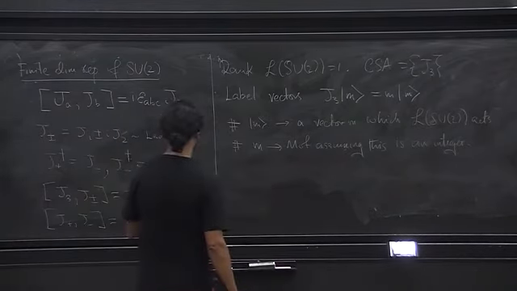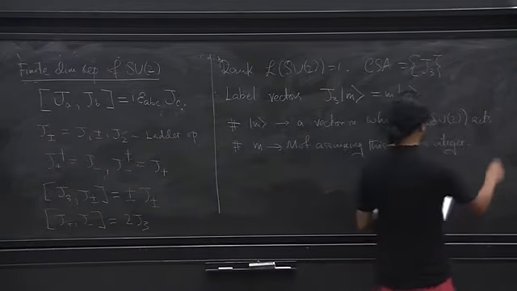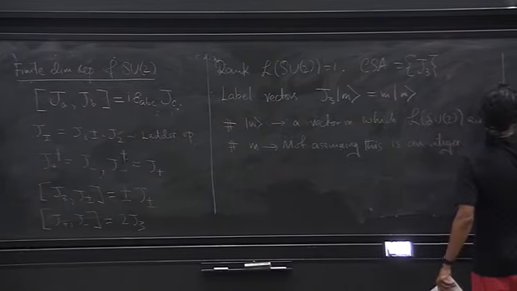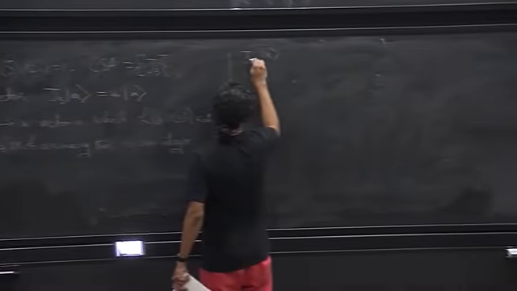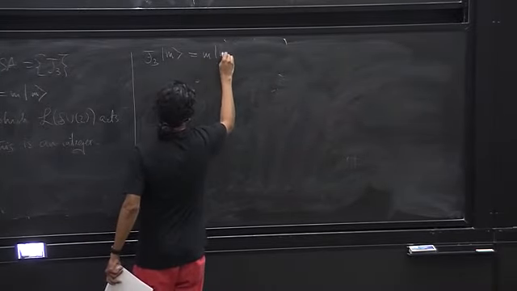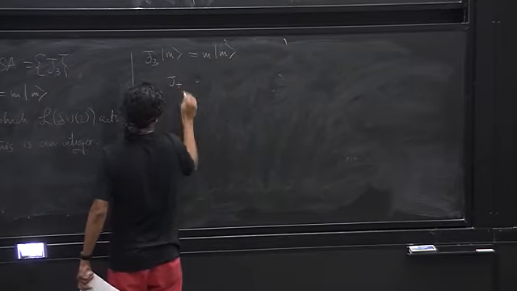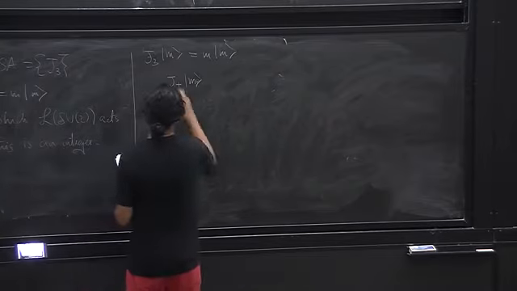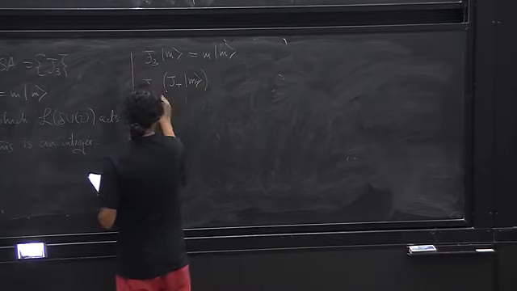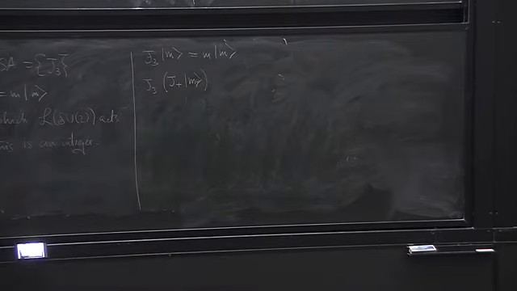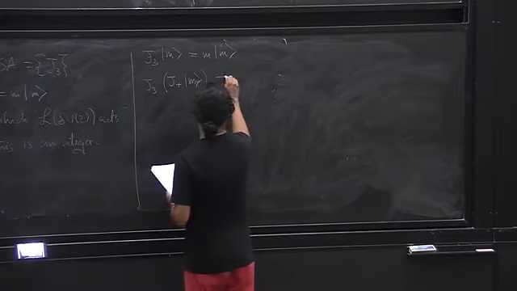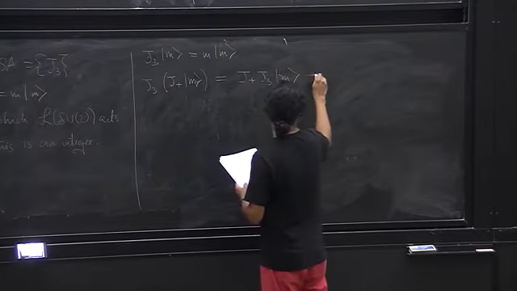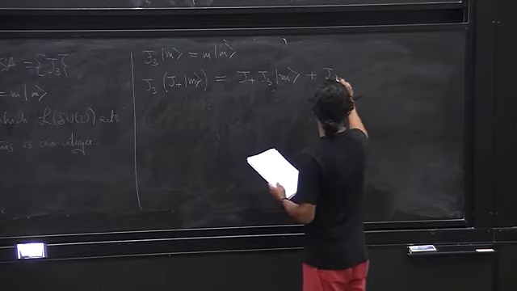So how do we go forward from here? If we start with the state labeled by m, we can ask what happens to the state if I apply the J plus operator on it. So I apply J3 on it, and then use this commutation relationship, and we get J plus J3 acting on m plus J plus of m.